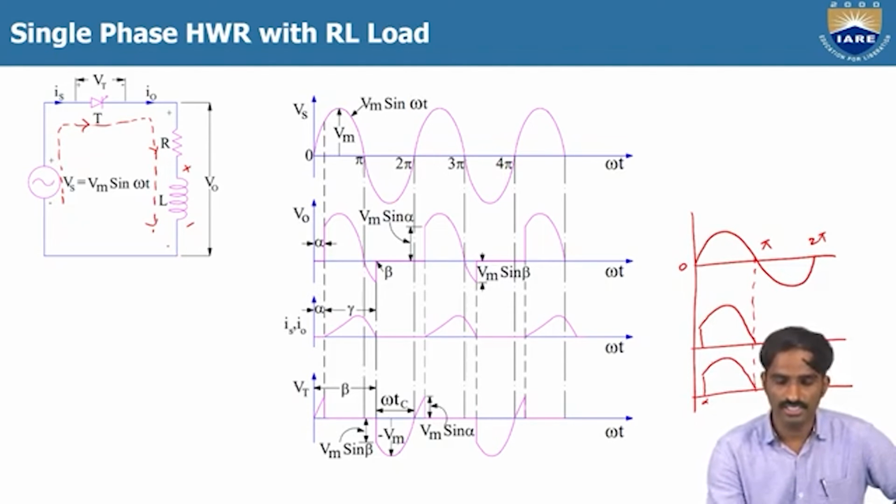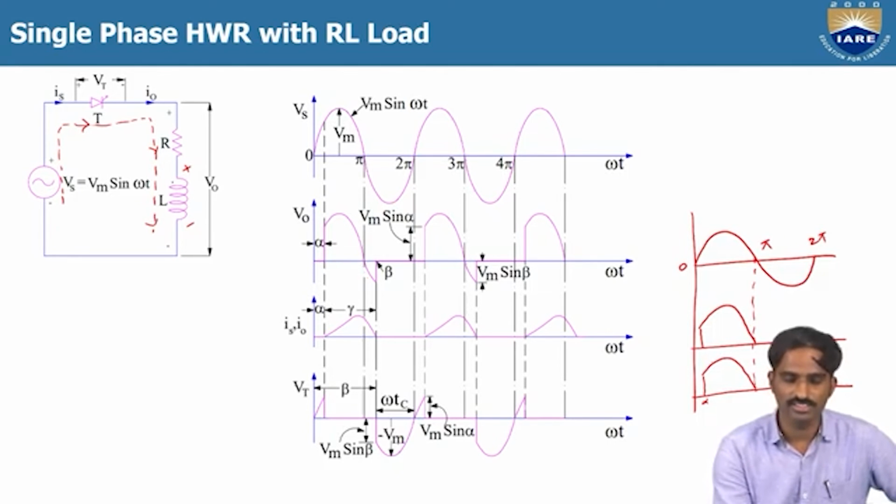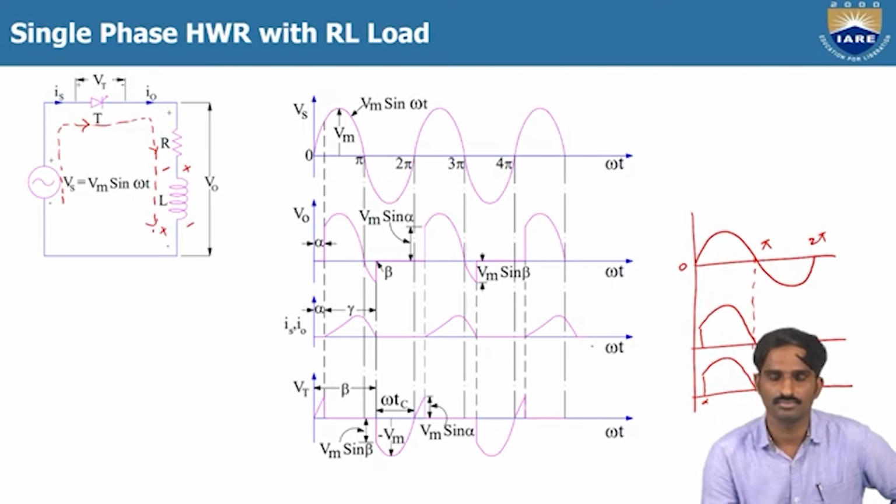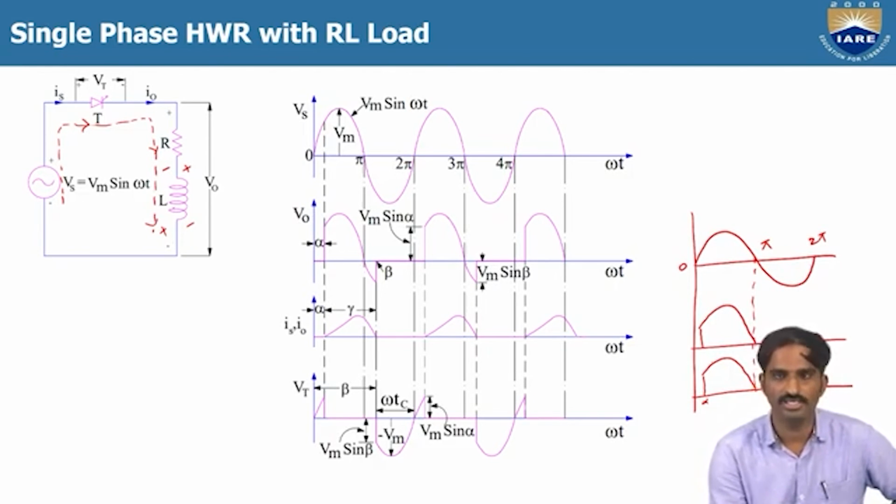When the thyristor terminal voltage gets reversed, the inductor will start to discharge by changing its terminals to negative and positive. It will discharge the energy, but still in this case the thyristor will remain in the turn on position. So that's why here we are getting some load current from alpha to beta.